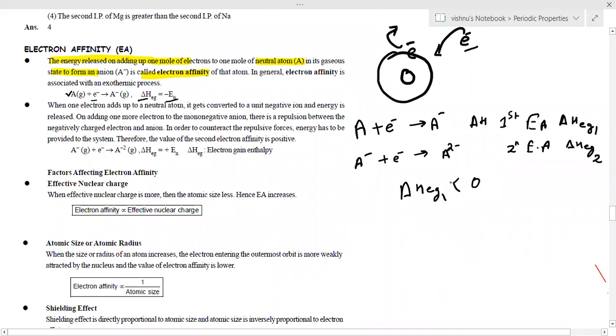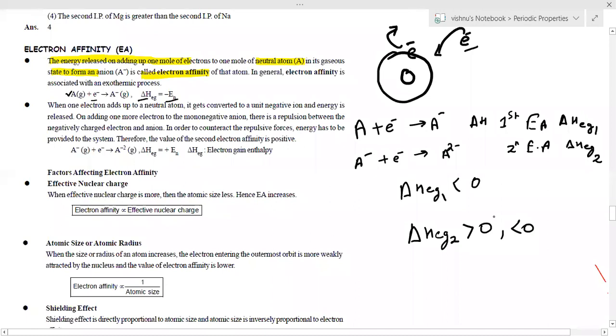But delta HEG2 may or may not be negative. It may be greater than 0 or less than 0.